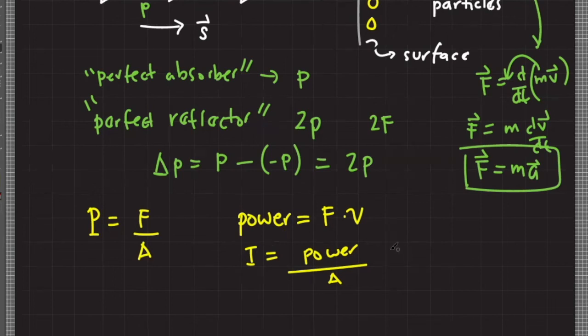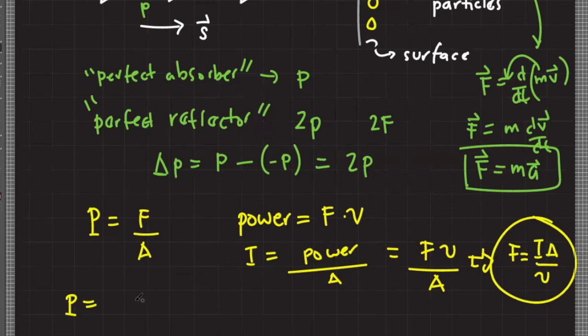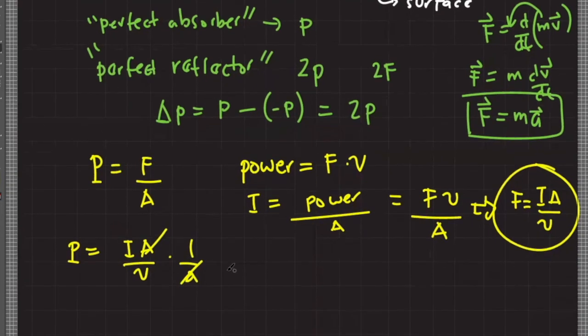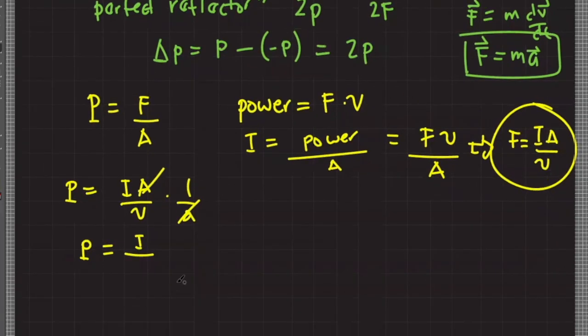So let me rewrite this first into FV over area, and then I'll now have an expression for force. Force equals IA over velocity. Then plug this here. I can write radiation pressure as IA over velocity times 1 over A. This cancels out. Here's my expression for radiation pressure: P equals I over the velocity of the electromagnetic wave.